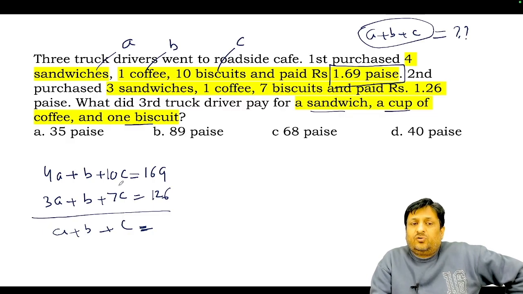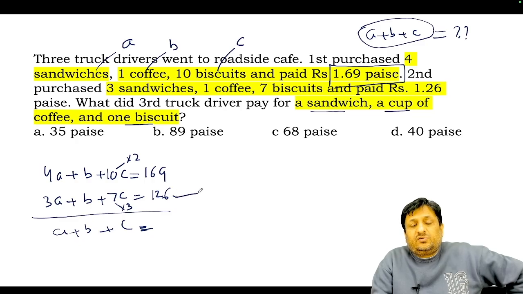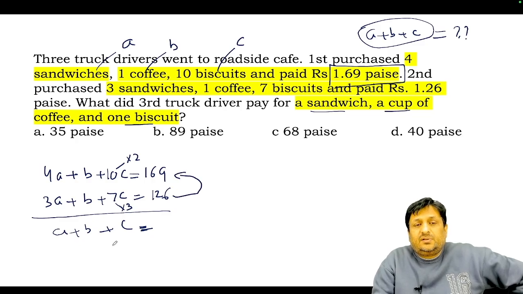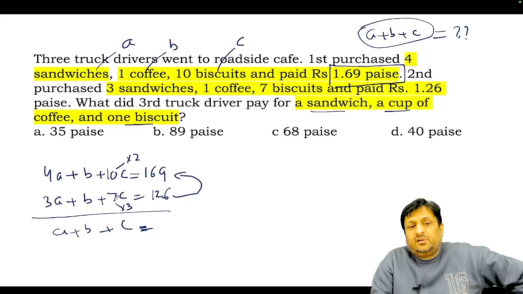If you focus here, you can see that if I multiply 10 with 2 and 7 with 3, and then subtract the first equation from the second equation, what will happen? Thrice of 7 is 21, minus 20. I want 1c, and 21 minus 20 is 1.